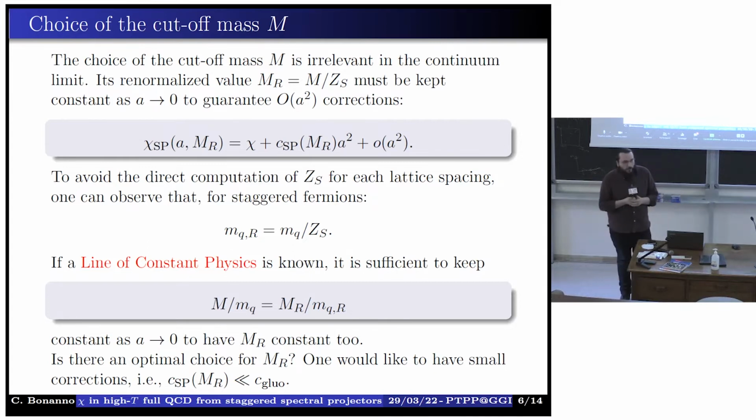Okay, so now one can wonder if there is an optimal choice for this cutoff mass. In particular, one would like to choose it in order to reduce the value of this coefficient here, c, which parameterizes the cutoff effects that you have in your definition compared to the gluonic case.